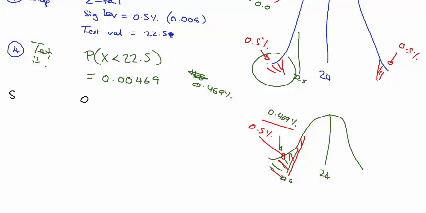So, conclusion with context. 0.00469 is less than 0.005.